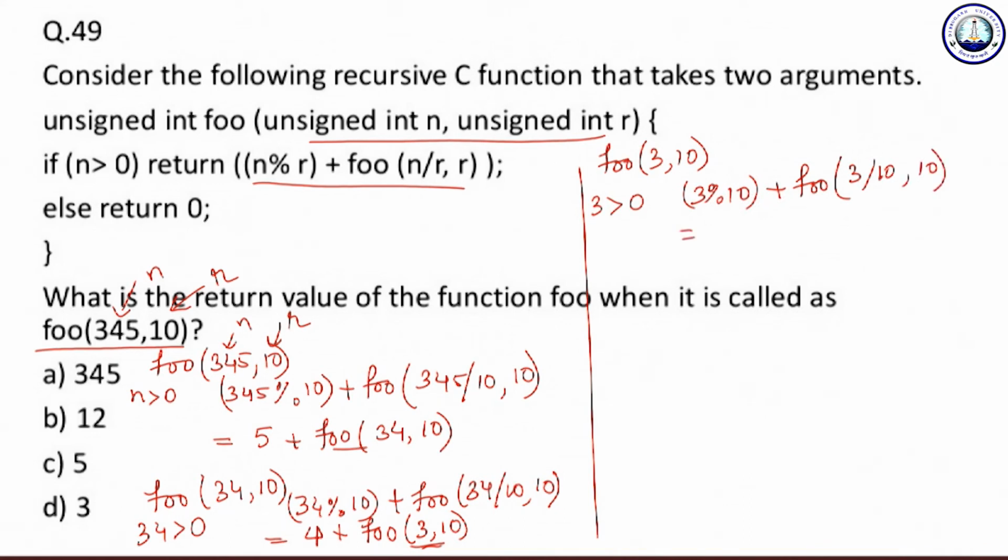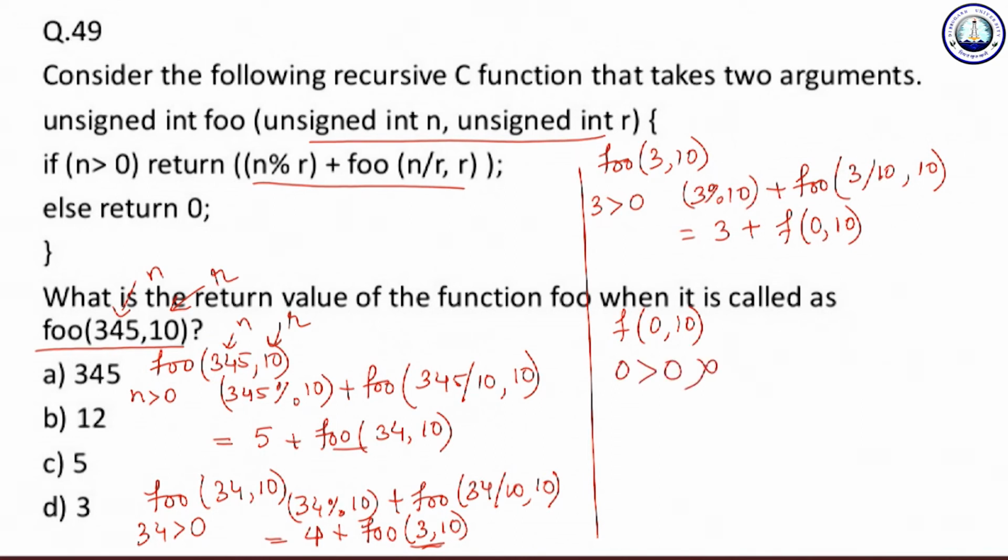So, here it will be 3, okay. So, it will be 3 plus foo of 0 comma 10.